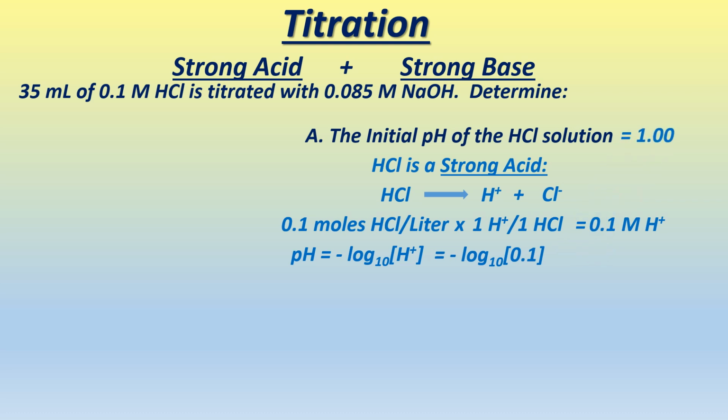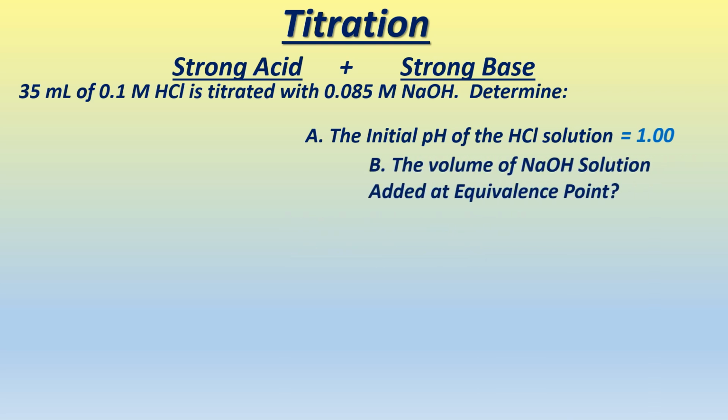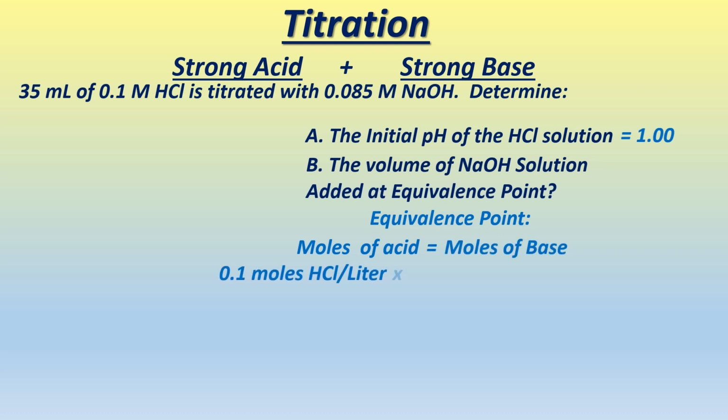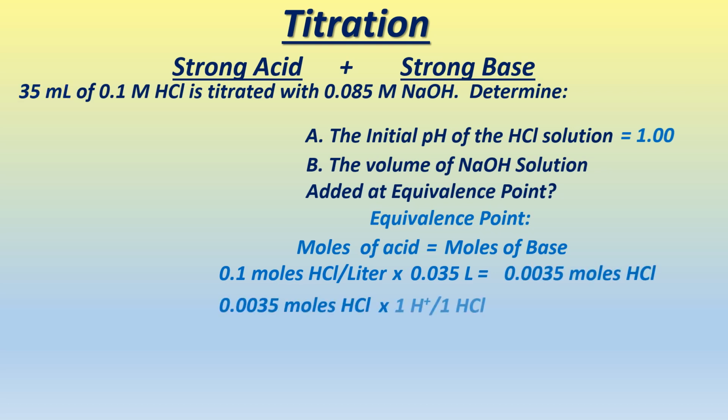Second thing that's needed. What volume of sodium hydroxide is needed to get the equivalence point? The equivalence point is when moles of acid and base are equal. My 0.1 mole per liter in 0.035 liters, or 35 milliliters, gives me 0.0035 moles of HCl, or 0.0035 moles of H+, since I have a strong acid.